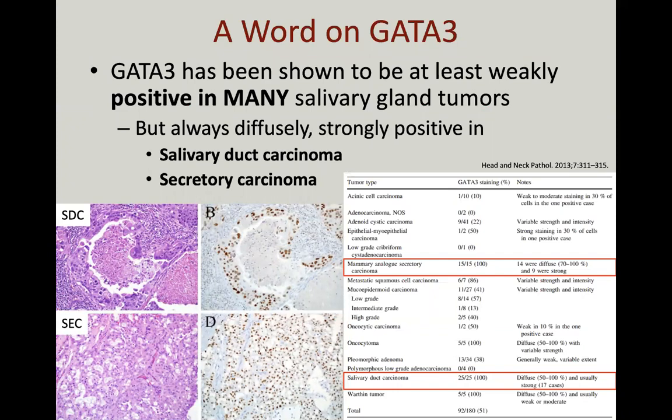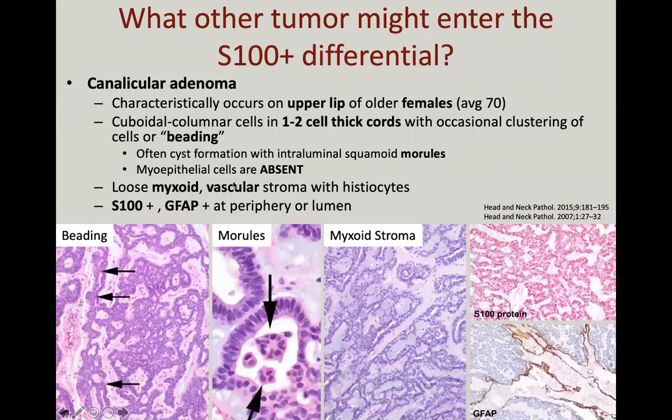However, it is always diffusely strongly positive in both salivary duct and secretory. They both resemble breast carcinomas, okay. But variable staining has been seen in most salivary tumors. So I don't use it because I don't think it discriminates very well.